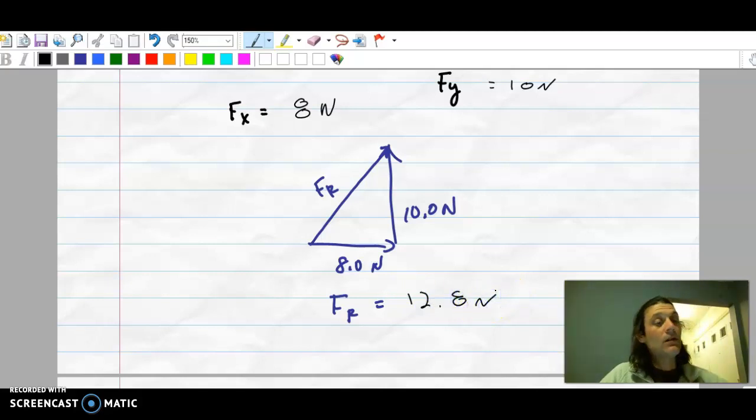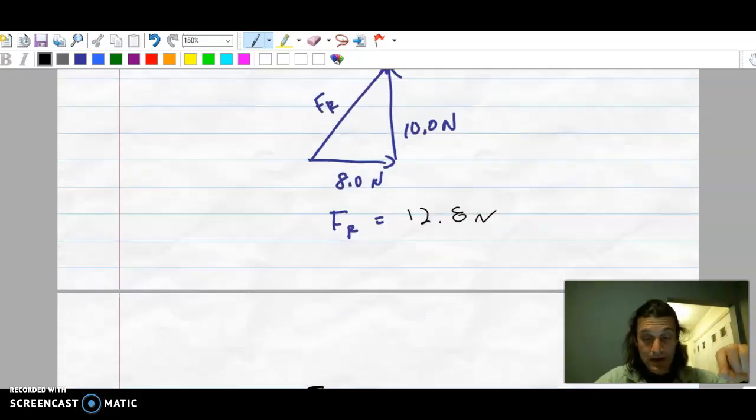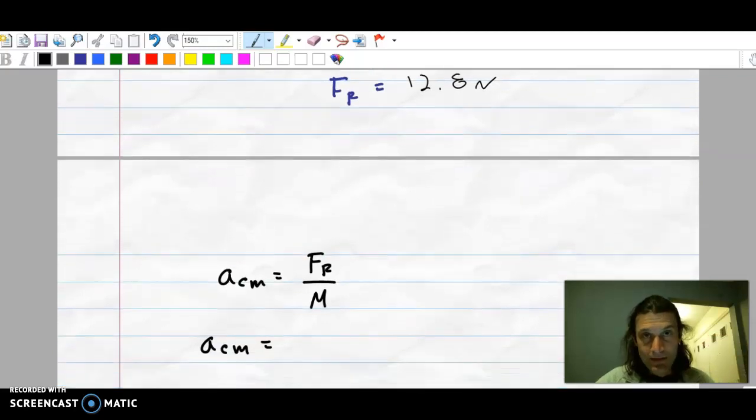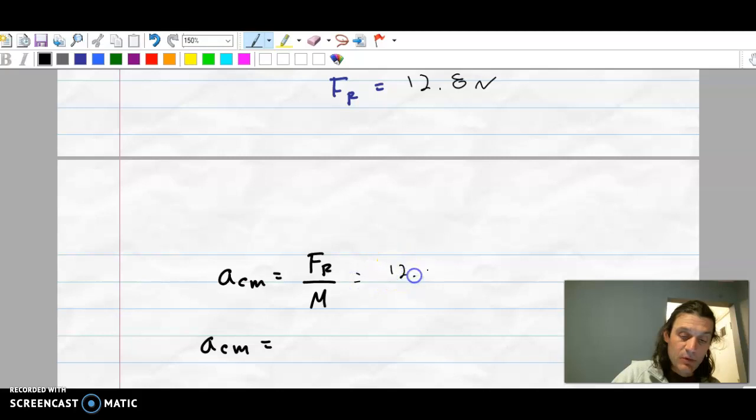All right, that 12.8 newtons now is the sum of all the forces in both the x and y direction, and that force is acting on the entire system, the mass whole, because there's the F whole. Let's now find the A whole by dividing by the mass whole. So that force is going to be 12.8 newtons, the resultant force. I'm going to divide it by the same mass whole we've been dealing with, 16 kgs.